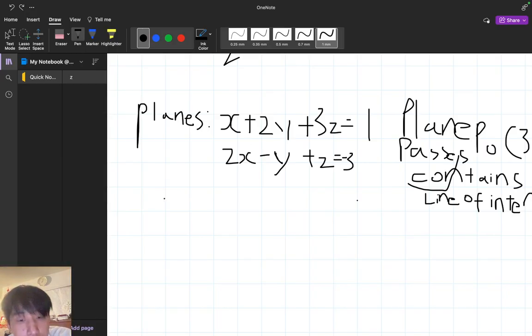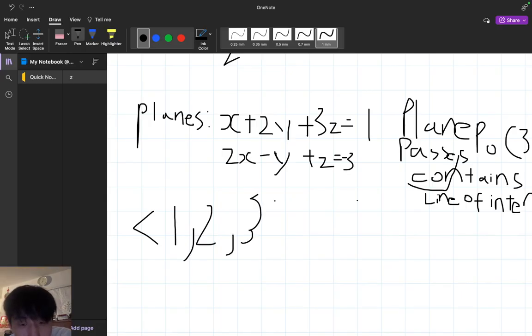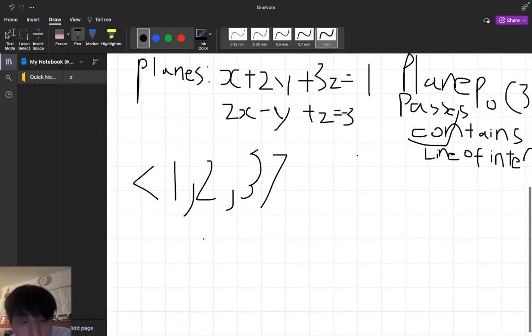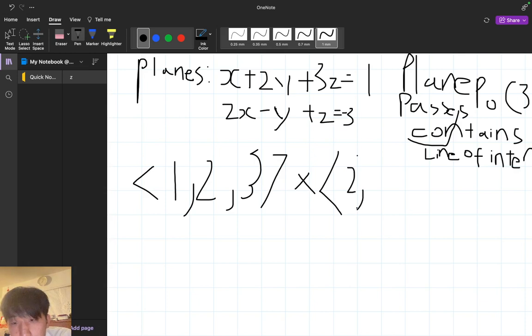So this one's n vector would be 1, 2, 3, and the other one, the cross product, is 2, negative 1, 1.